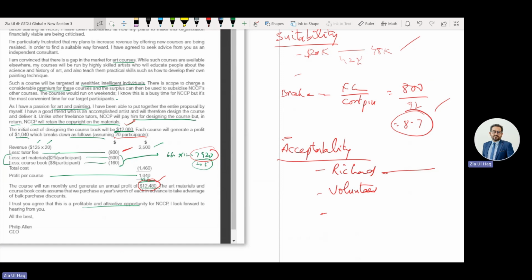They will not be happy to sit with the lower class people because they have their own class group where they spend their time, where they want to sit. They might not be willing to sit with the lower class people. They might prefer another paid institute rather than this charity-based institute, because your repute is based on charity.